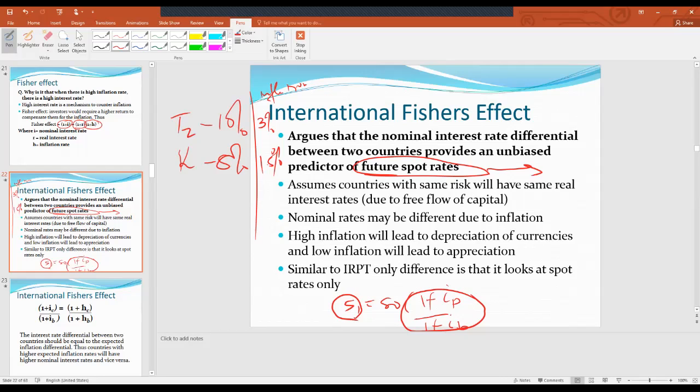The difference in the interest offered between the two countries is because of the difference in inflation. So since we can tell that the difference in the nominal interest rate in Tanzania and Kenya is because of the inflation differential, we can use the nominal interest rate to explain the future spot rate. That's also the international Fisher's effect theory.